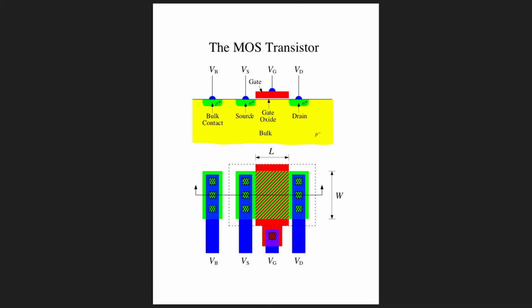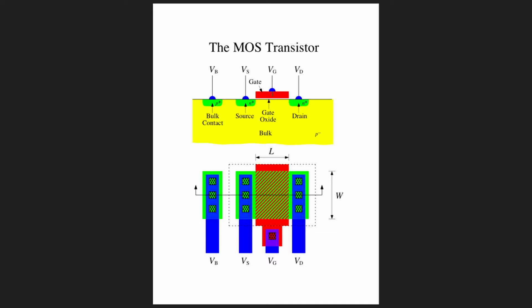And the idea here is that we have the source, which is going to be the source of the charge carriers that carry the current through the channel region up at the surface. And that current is going to be carried by electrons. The mobile carriers in the substrate, underneath the surface and everywhere in the bulk, are normally holes.